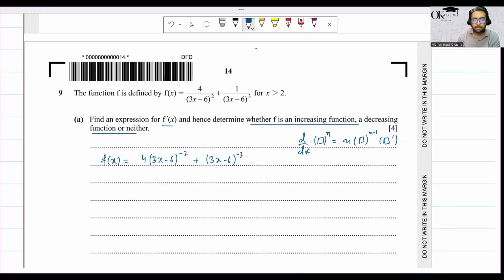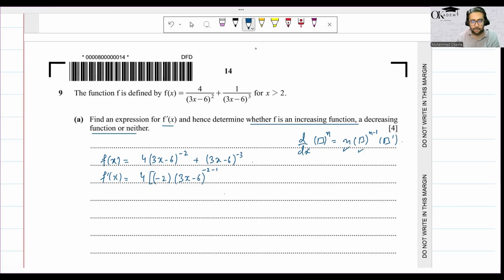Now, if I were to differentiate it, it's going to look like this. 4 would stay over here. I'll differentiate it very carefully. Negative 2, that's n. The box is 3x minus 6 to the power negative 2 minus 1, negative 2 minus 1.